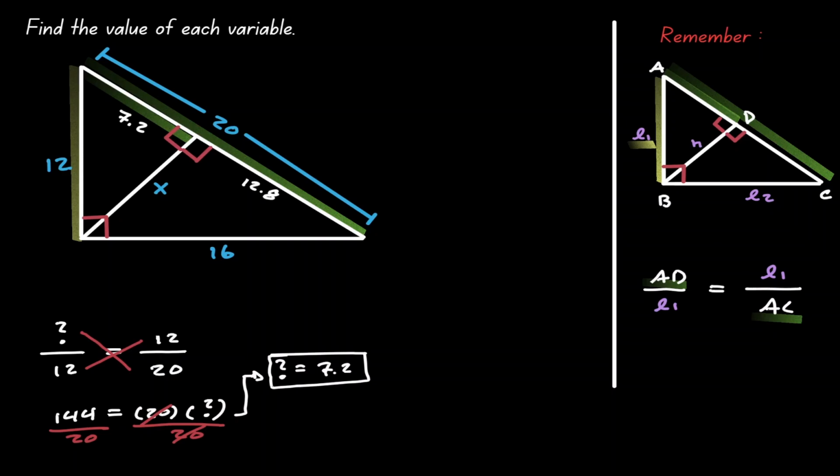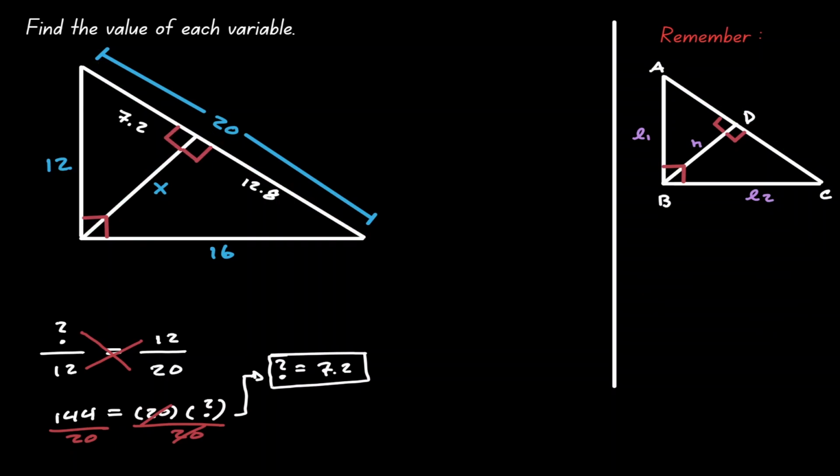Now that we have this extra information, we can go back to the proportion that we had originally for the altitude of this triangle. Let's remind ourselves what that proportion is. The altitude of a right triangle is a geometric mean between the line segments AD and DC.